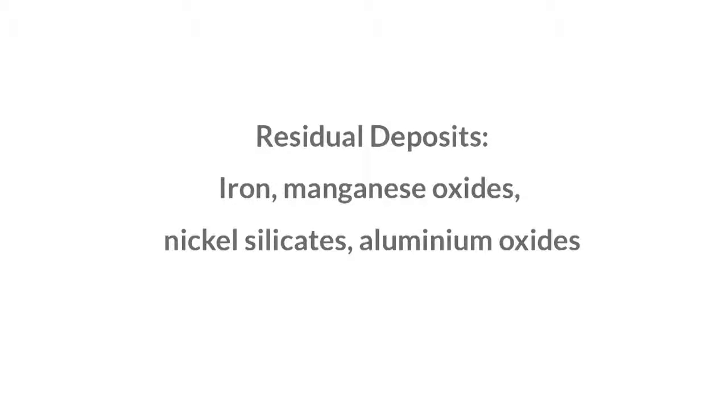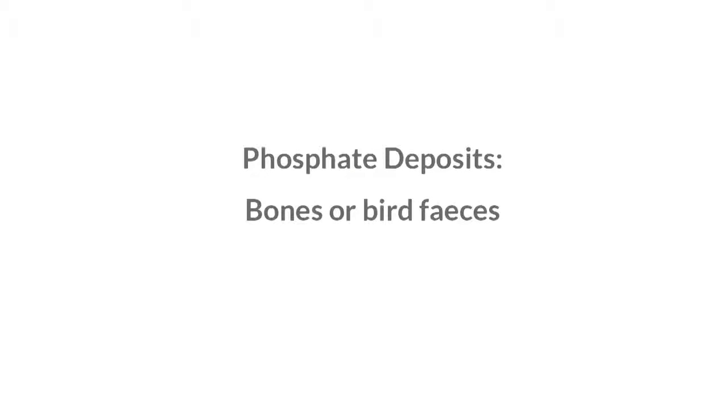Then we have residual deposits, where valuable minerals have been concentrated through the leaching away of gangue minerals under tropical climatic conditions, so as to form iron and manganese oxides, nickel silicates, and aluminium oxides. Phosphate deposits, such as from bones or bird feces.